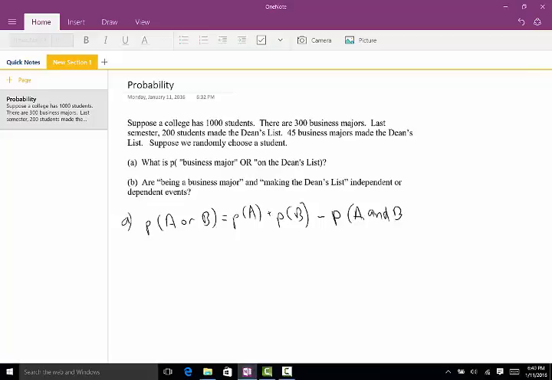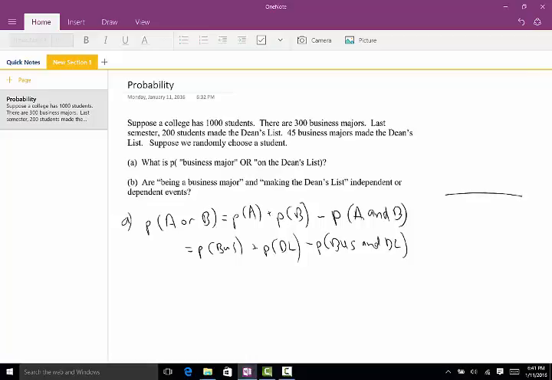They're in both business major and made the dean's list. So for us, we want the probability that the student is a business major, add to that the students who made the dean's list, and subtract any students who were double counted.